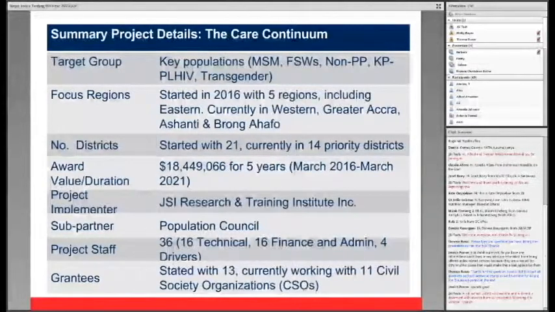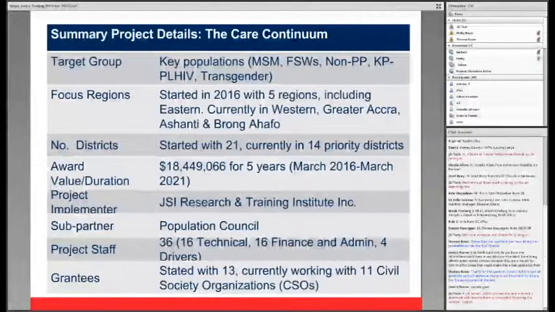We are working with local indigenous civil society organizations. There are 13 of them who provide services at community level. As part of the goal, we supported the government of Ghana, who is leading the response in terms of the general population.